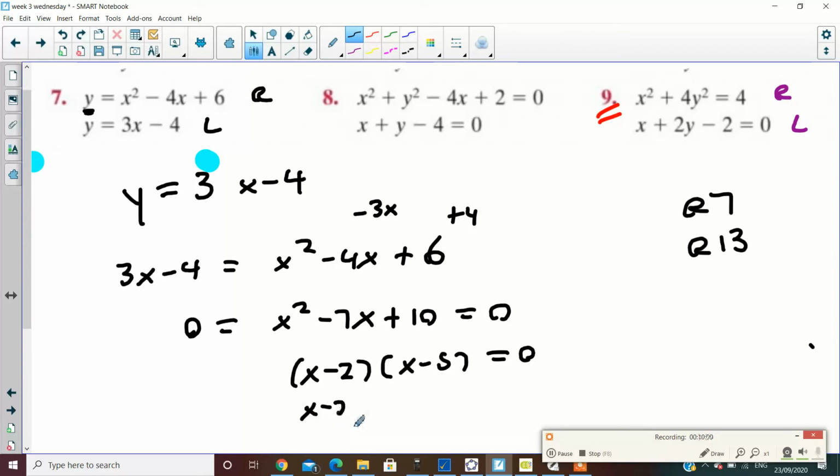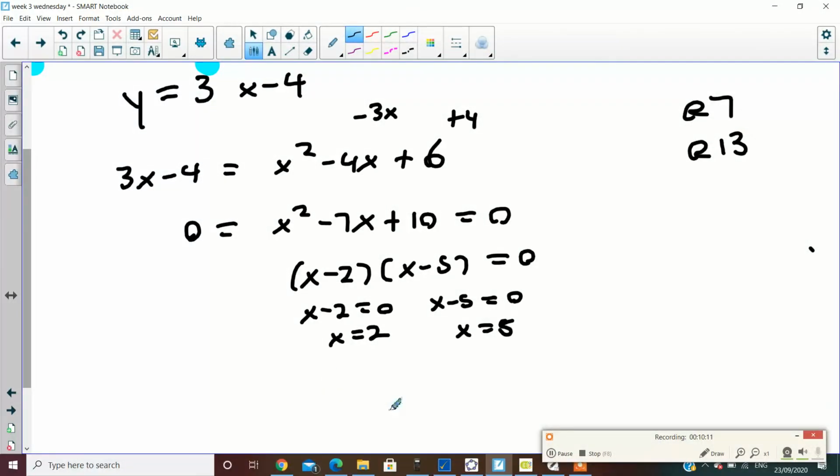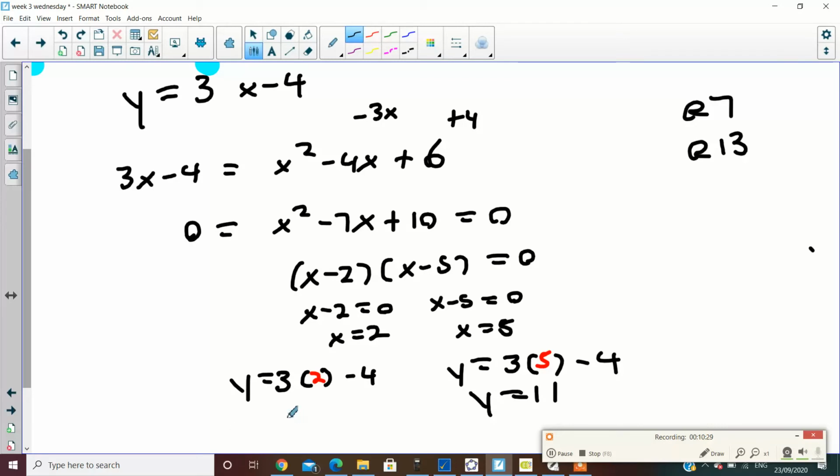You got x minus 2 equals 0, x minus 5 equals 0, x equals 5, x equals 2, then y equals 3 times blank, take away 4, that's 2, that's 5, y equals 11, y equals 2.